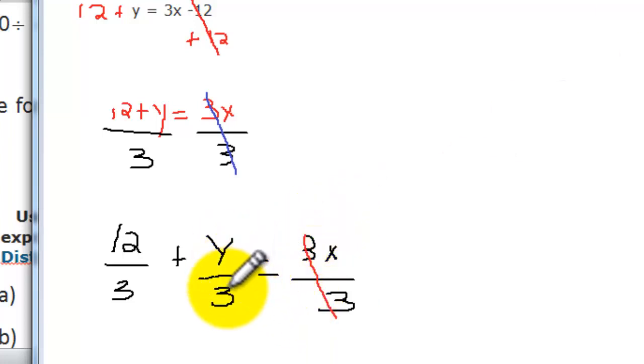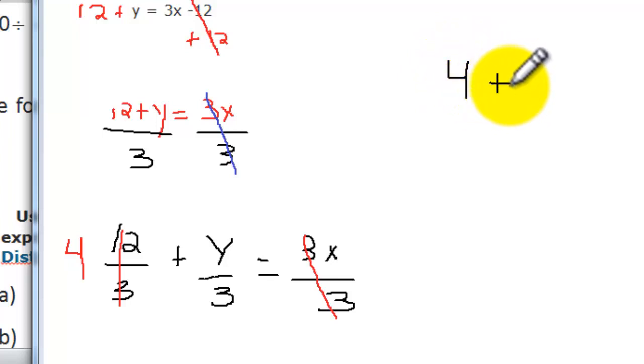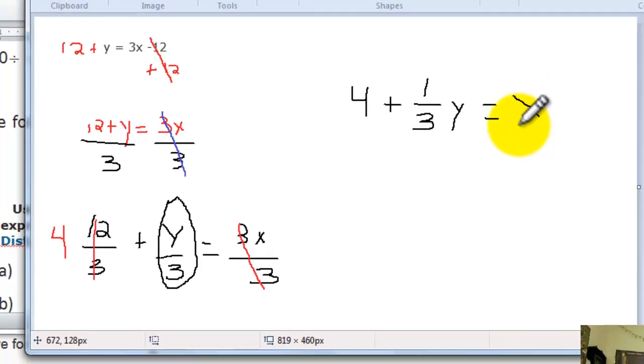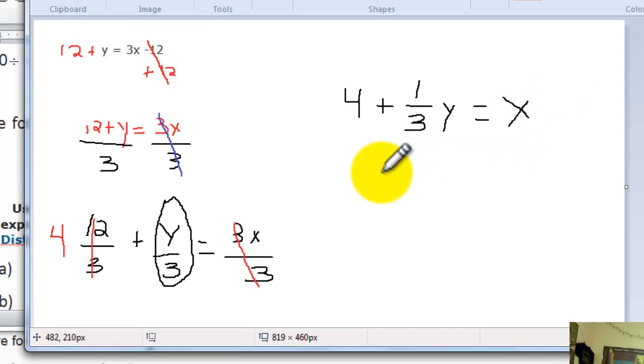You've got the y over 3, and this reduces to 4. So the whole equation then becomes 4 plus y over 3, but you write y over 3 as 1/3 y. So 1/3 times y equals x. And this will be really important to know when we are working with a linear equation.